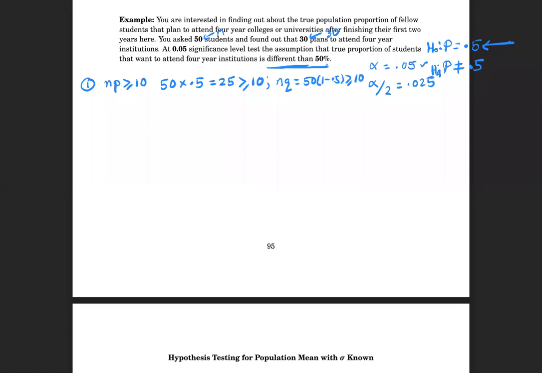So assumptions are satisfied. Number two, the null hypothesis, which we found, is P is equal to 0.5, and the alternative hypothesis is P is not equal to 0.5. And this one decides which tail we are going to do.